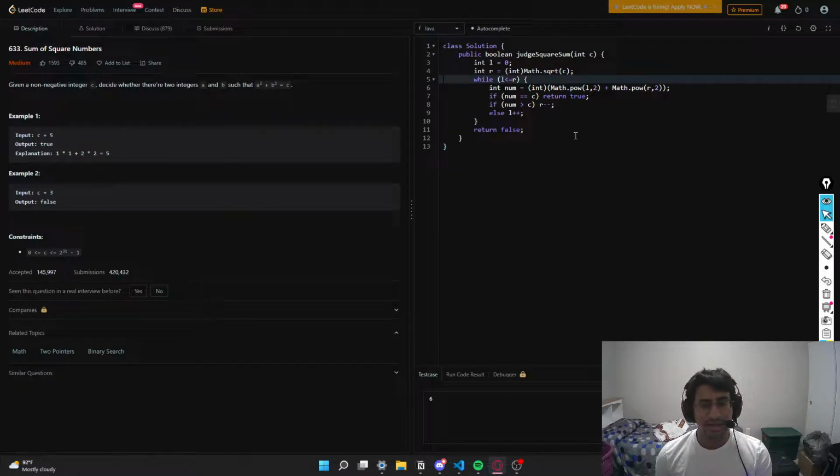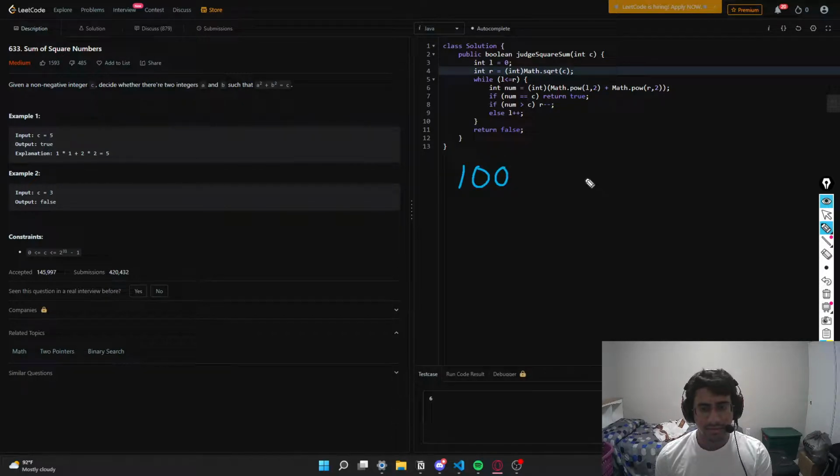And I guess the main betterment of this algorithm, by saying the right pointer is the square root value, is that you cut off a large percentage of the data. Like for example, if you had 100, L equals 0, R equals 10. So 11 through 100 is cut out, right?